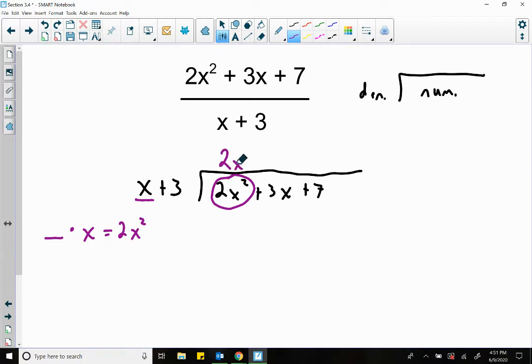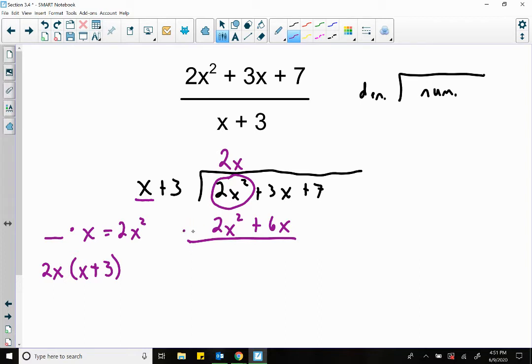That's right, because 2x times x gives me 2x squared. So we're just going to do some distributing. We're going to take 2x times x plus 3. Okay? So 2x times x is 2x squared, which we knew would happen. And 2x times 3 is a positive 6x.